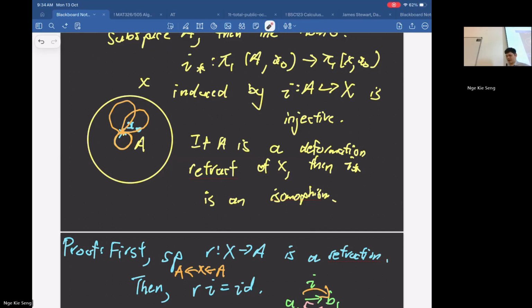I think this depends on the deformation retract you take. I don't know how it retracts; for now I'm not sure what the possible way is. Anyway, I think we should write down a specific one first, but I don't have a specific one in mind.